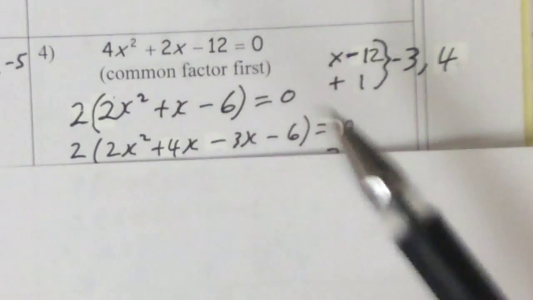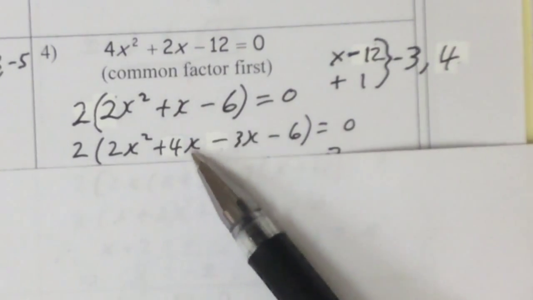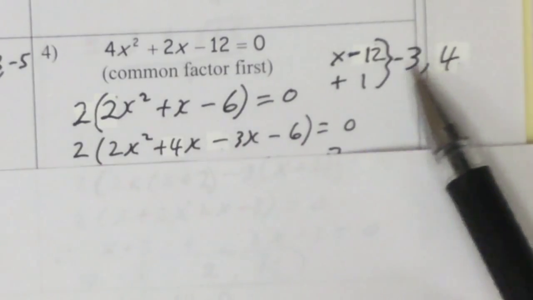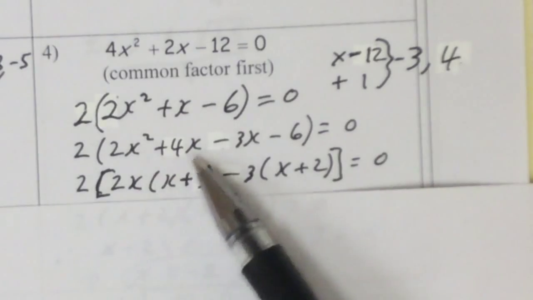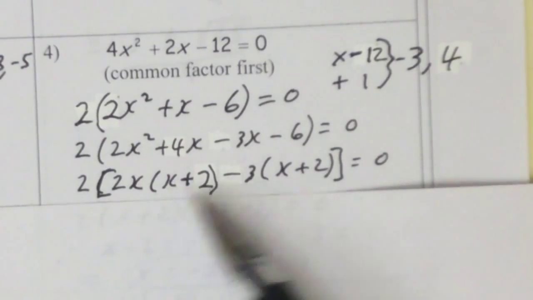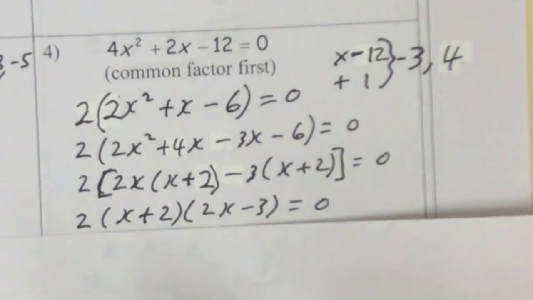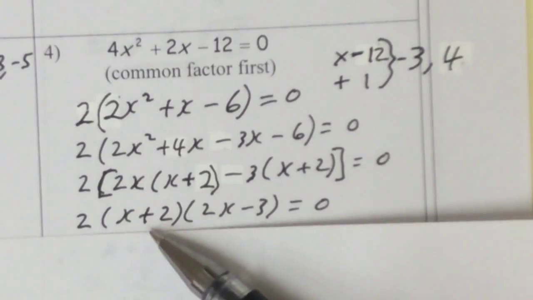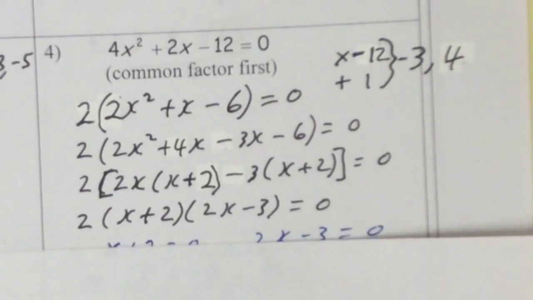Okay. So we can use decomposition now. So we decompose that middle term with these numbers. And then we take the common factor of the first two, which is 2x. Common factor of this one, which is -3. X plus 2 is left over. So we can write out that common factor, which is x plus 2. And then you got left 2x minus 3.